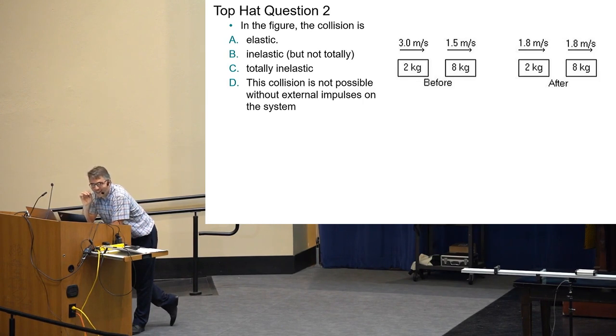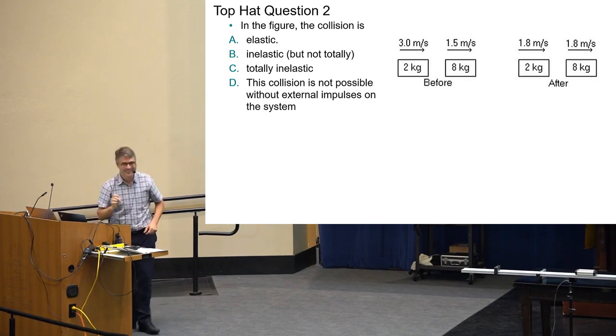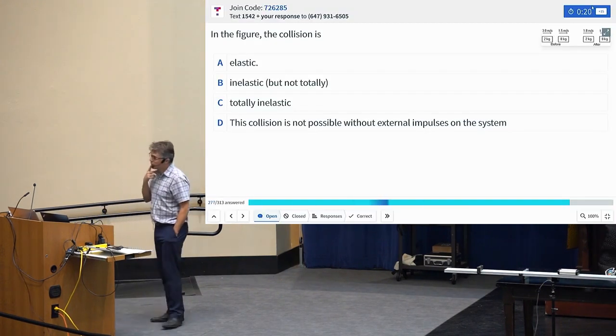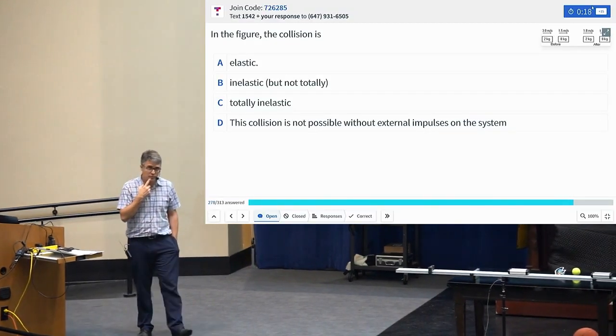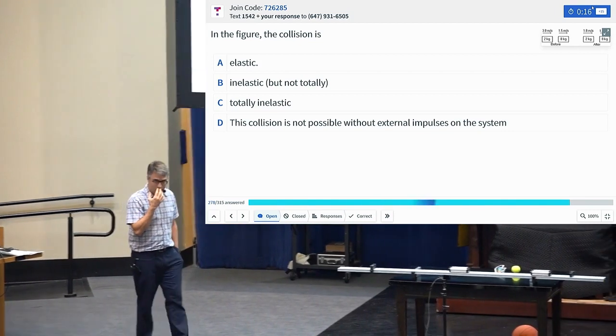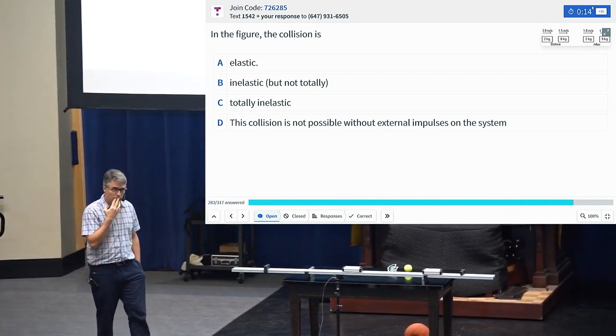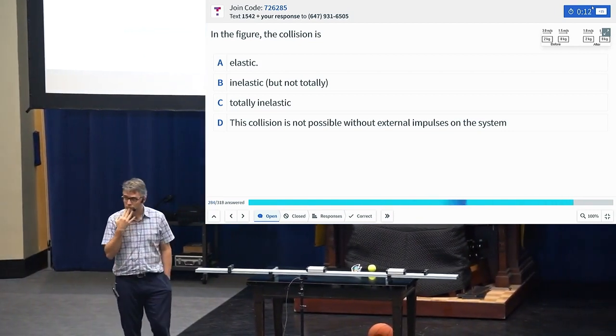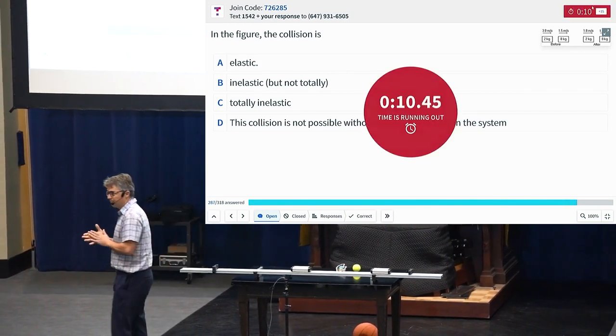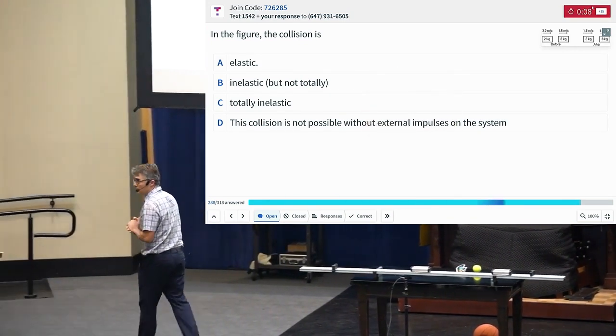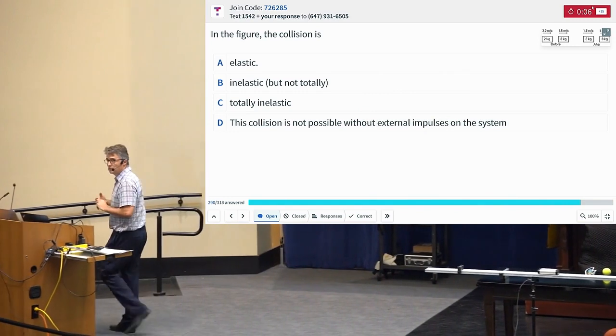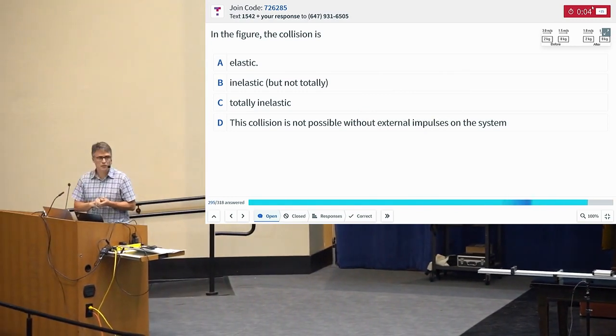So I think they're stuck together. See what you guys think. 20 seconds, please, to click in for this one. Going once, going twice. Final answer, please.